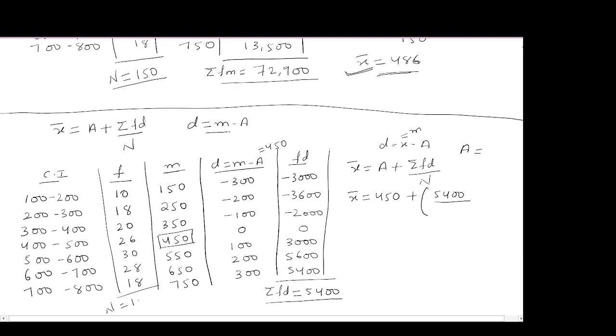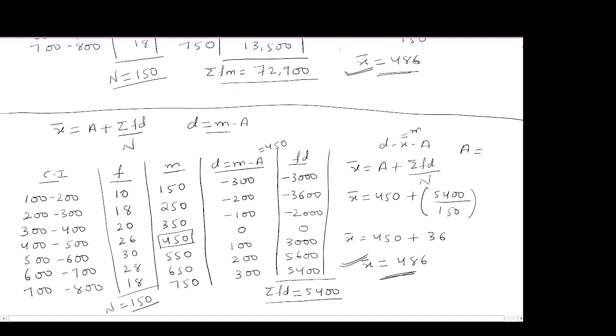We have already calculated when we were solving direct method. It is 150. So capital N value is 150. Now x bar is equal to, keep this 450 as it is, plus 5400 divided by 150 is 36. So 450 plus 36 is 486. So this is our mean value using shortcut method for continuous series.